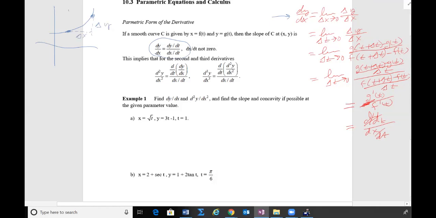And these ordered pairs: this first one down here is f of t, g of t, and this ordered pair up here is f of t plus delta t, comma g of t plus delta t.